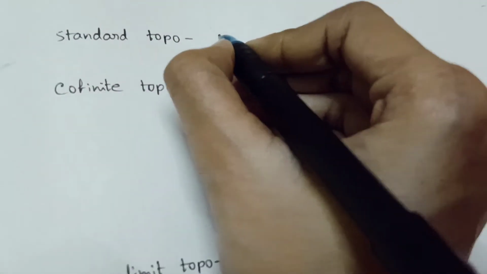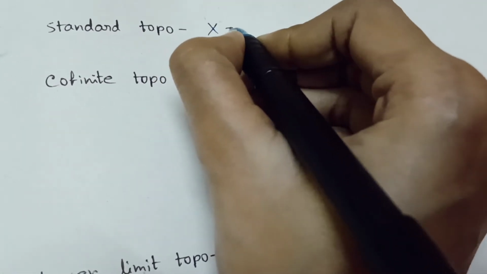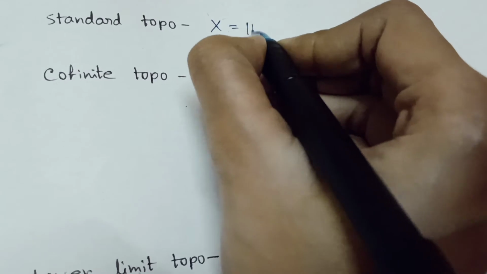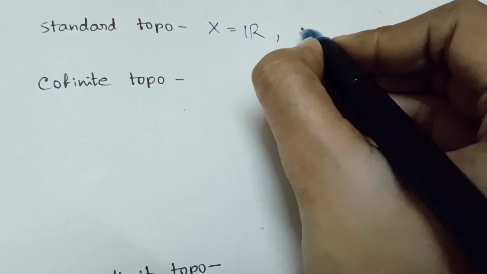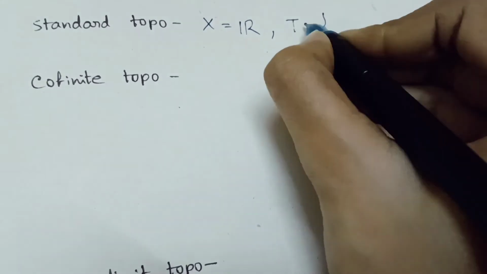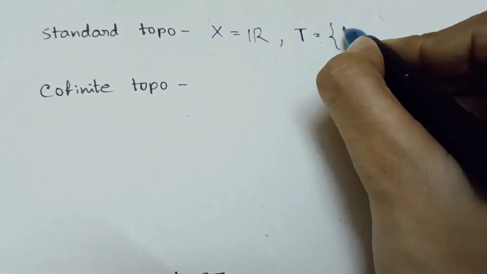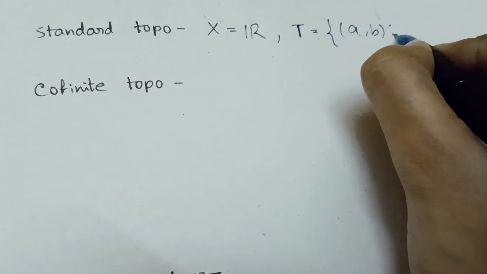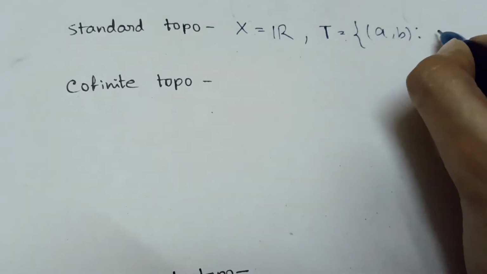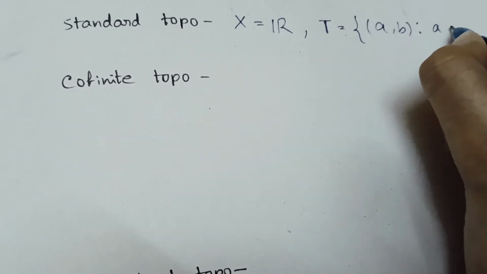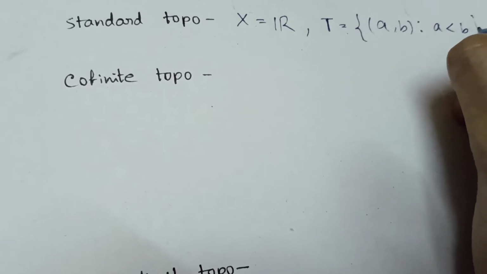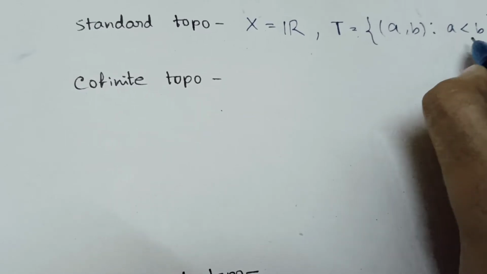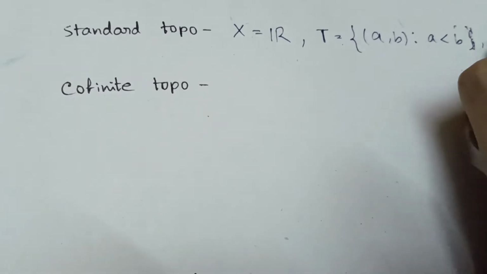The next is the standard topology. For the standard topology, we take X equal to R, the real number set, and T as the family of subsets of the type open interval (a, b), where a and b are real and a is less than b.